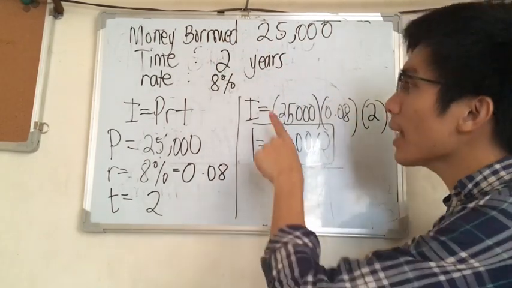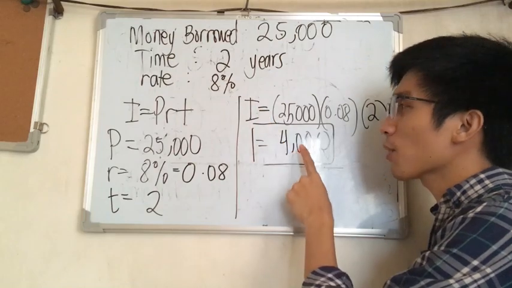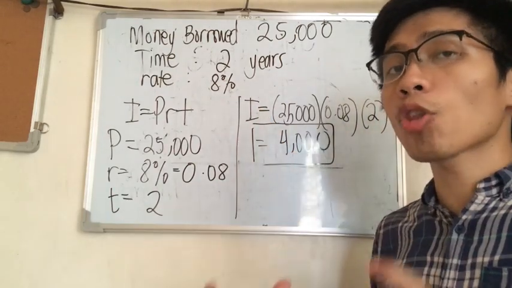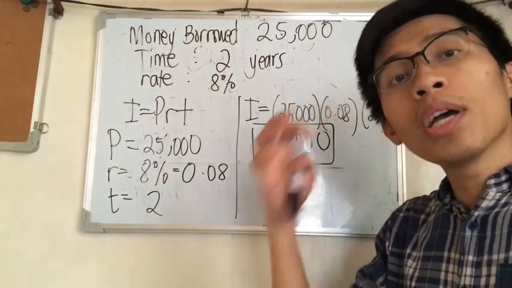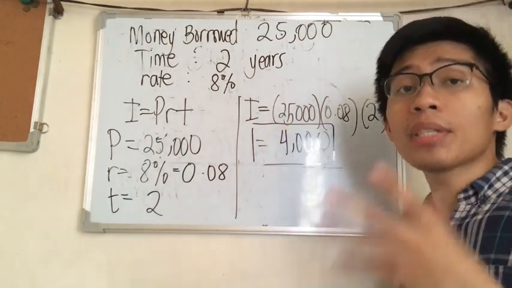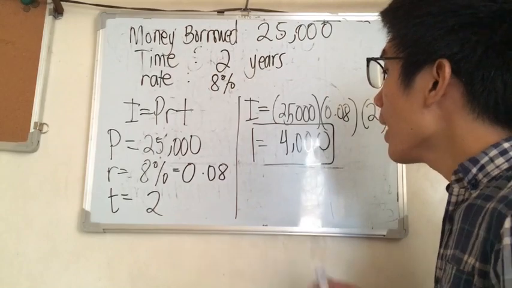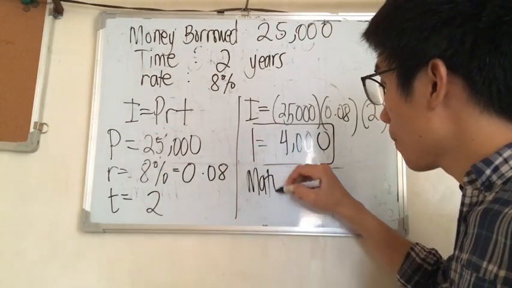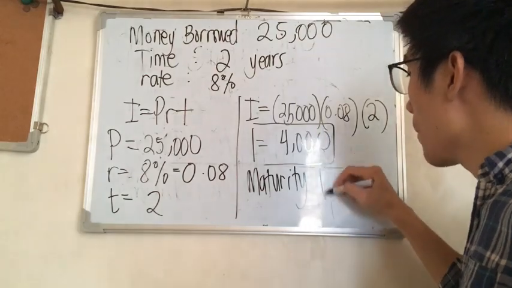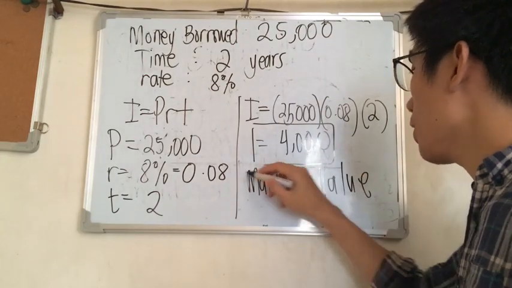Okay, so since the interest is 4,000, what is now the total amount that I have to pay after 2 years? How are you going to get that one? That is now what we call the maturity value.